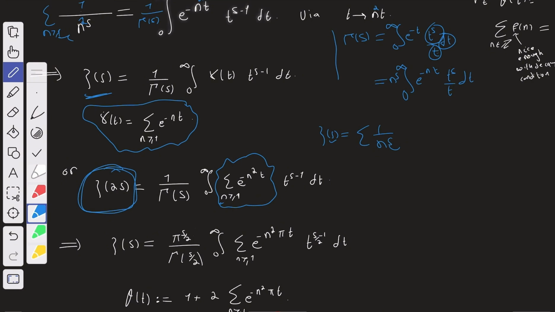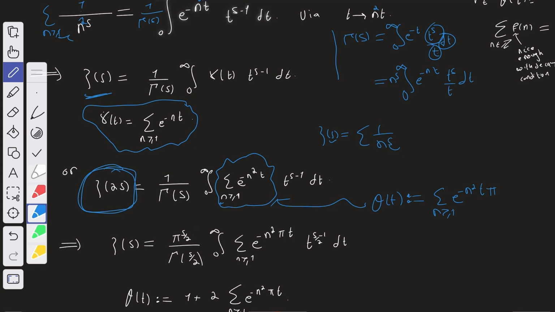Now, this proof is due to Riemann, and Riemann noticed that when you play with zeta as such, you get something called a theta function. So this is defined as theta of t, the sum from n equals 1 to infinity of e to the negative n squared t. So this is the theta function. In fact, Riemann defined this up to a constant.